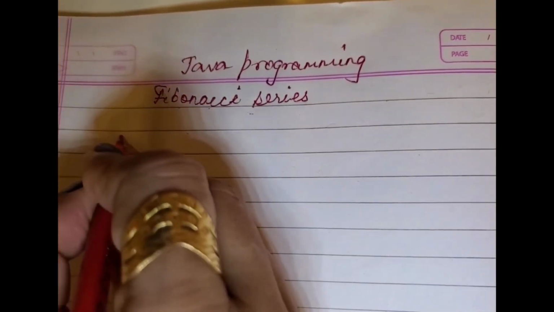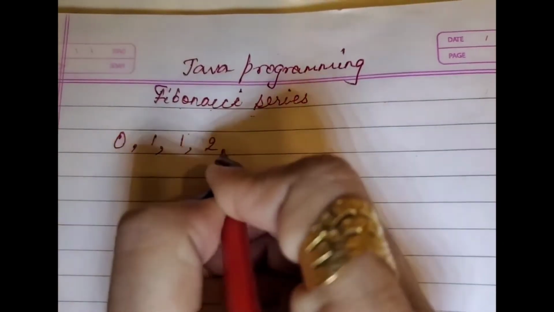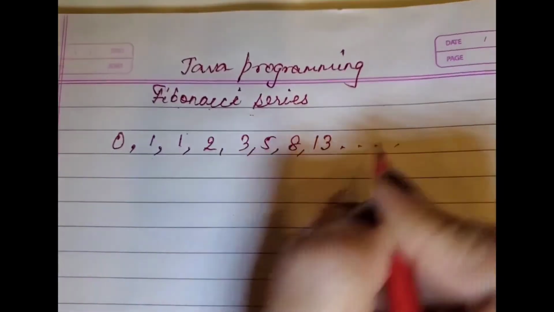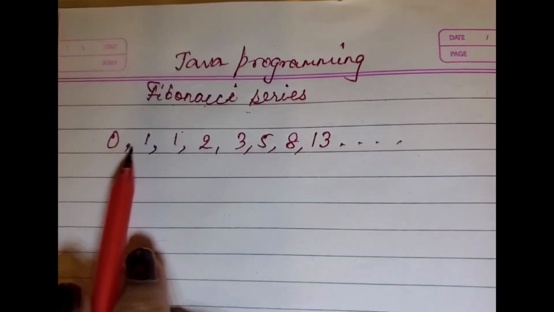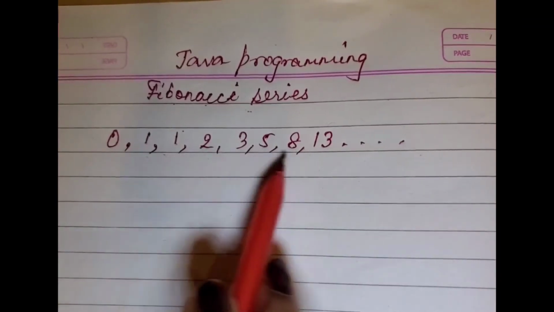So you can see these numbers: 0, 1, then 1, then 2, 3, 5, 8 and 13, and so on. Can you find the similarity in these numbers, how this series comes?